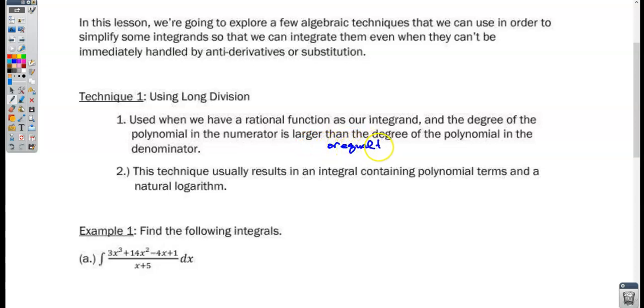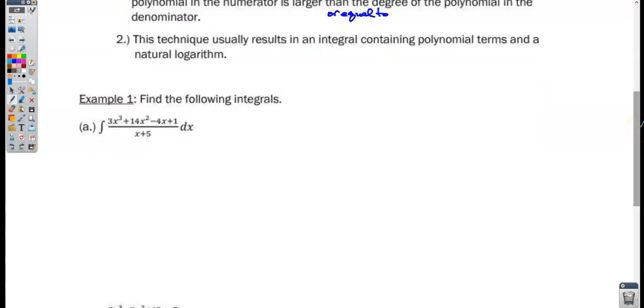There are some problems where the degree of the numerator might be the same as the degree of the denominator, where we can use long division. And then, secondly, when we do this, the result of this integration typically results in polynomial terms and a natural logarithm.